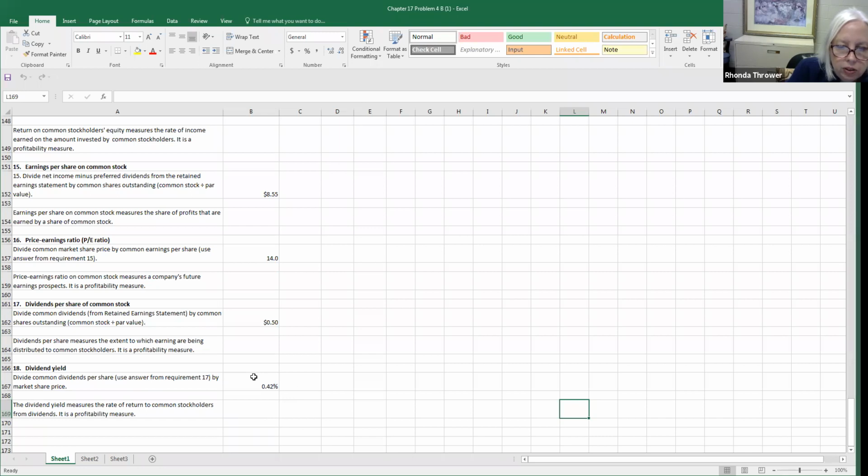And that will give you a dividend yield of 0.42%. The dividend yield measures the rate of return to common stockholders from dividends, and it too is a profitability ratio.